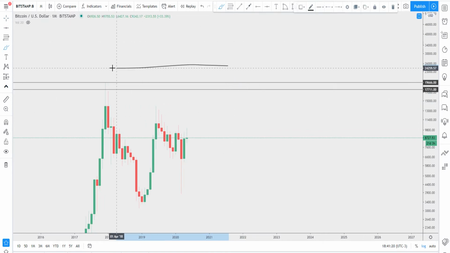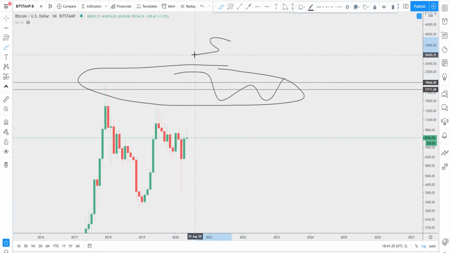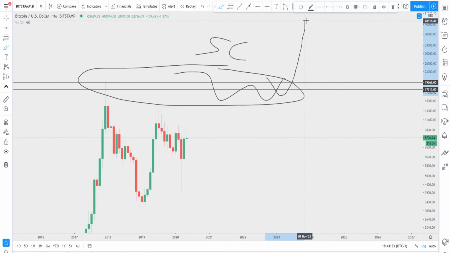And all these shorts placed in this range will fuel even more the fire, because once the shorts are closed, they have to buy, and it will give even more strength for the bulls, which means this bull run here will be cheaper and not expensive.